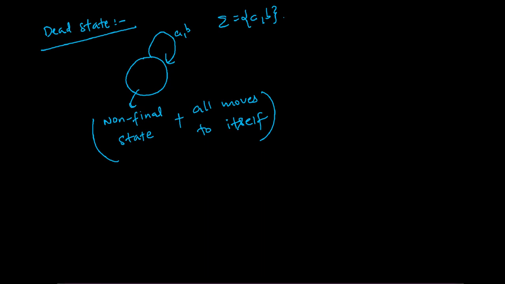So let's take one language L1. Let's take a new page. L1 is equal to {AA, BA}. There is going to be one initial state. L1 does not contain the empty string, epsilon.